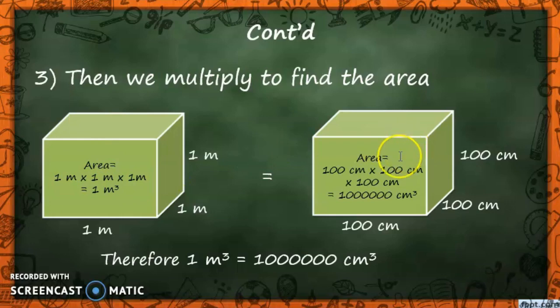So in order to find our volume in centimeters cube, we have to multiply by 100 three times. So 100 multiplied by 100 multiplied by 100 gives us 1 million centimeter cube. So therefore, 1 meter cube equals 1 million centimeter cube. Quick maths, quick and easy.